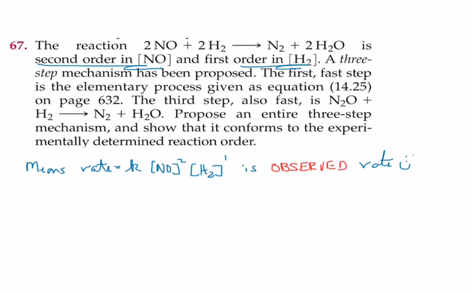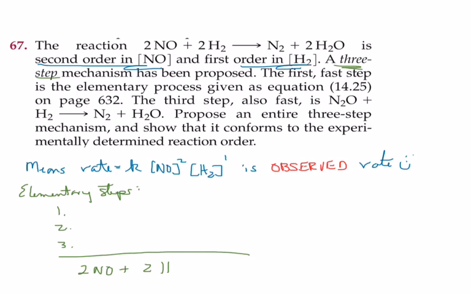It says that that first thing is the overall reaction of interest. It says it's second order in NO, so I went ahead and wrote in blue second order in NO and first order in H2. Three steps. The first step is fast. In my hints, I looked up equation 14.25 for you.